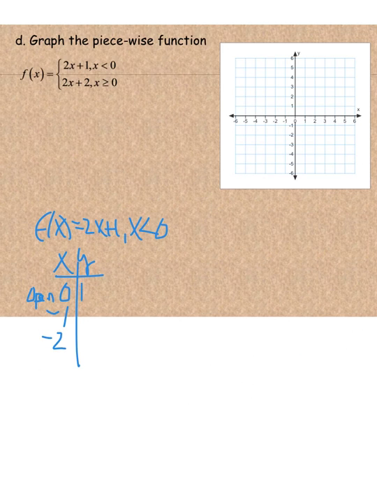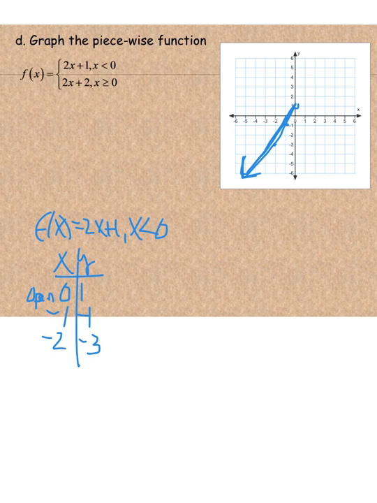Substitute those. 0, 1 will be an open circle, -1, -1 will be a closed circle, and -2, -3 will be a closed circle. This is the equation of a line, so we're going to draw the piece of this line where my x values are less than 0.